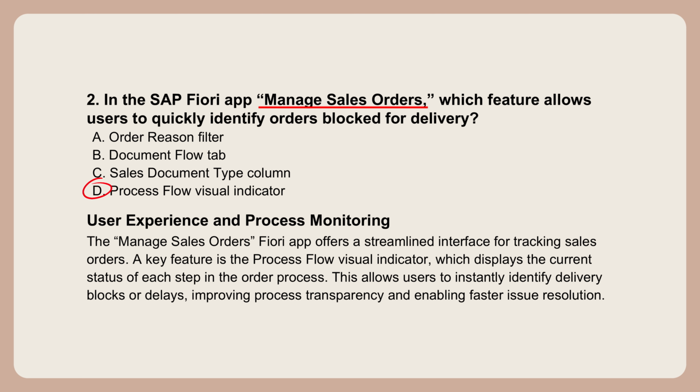A visual indicator in the flow itself. Yeah. So you don't have to drill down into every single order line. It gives you that quick at-a-glance view of where the order stands. Order, delivery, invoice stages. And critically, it shows if there's a block, like a delivery block, right there in the overview. So it improves transparency, speeds things up for finding problems. Exactly. Helps users spot the exceptions much faster.